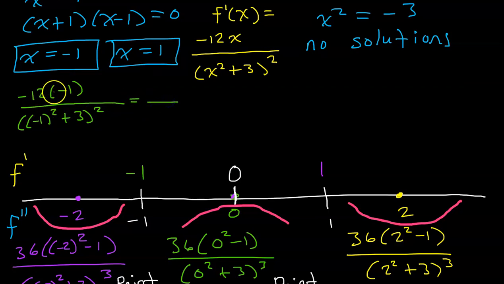Obviously in the numerator, a negative times negative is a positive. In the denominator, I'm going to have a positive 1 plus 3, so I'm going to get a positive number down here. So in this interval, the first derivative is going to be positive.